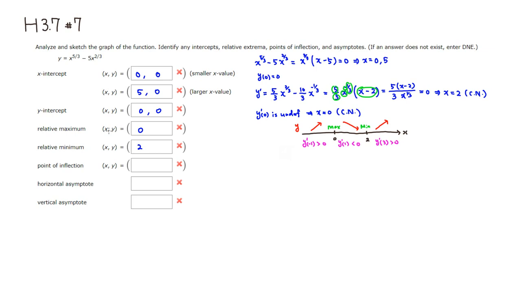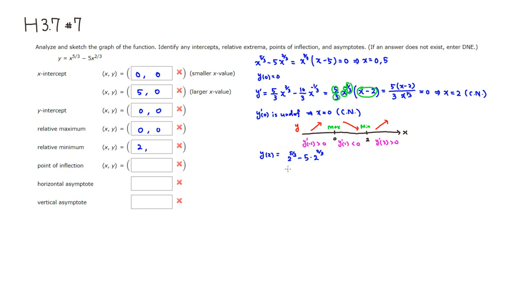We know that when x is 0, y is 0, so we have that. When x equals 2, y of 2 is equal to 2 to the 5/3 minus 5 times 2 to the 2/3.